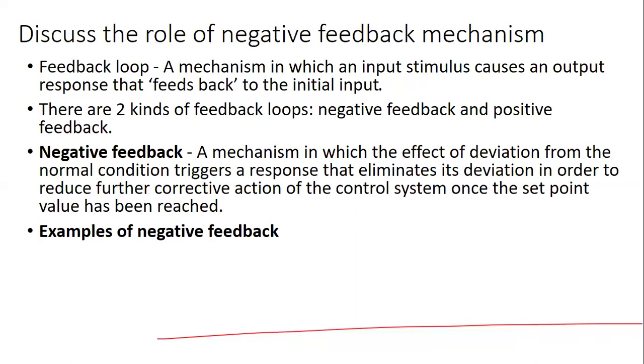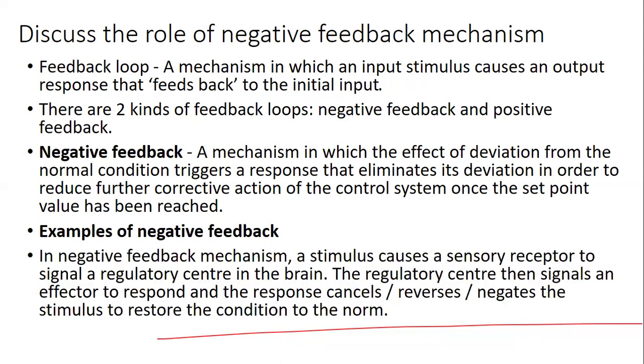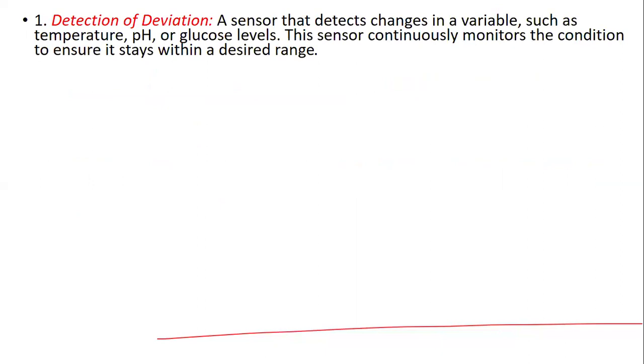Then we have examples of negative feedback. I've already mentioned some of them: how the blood sugar concentration is controlled, how the temperature is controlled, how the pH is controlled, and many others.